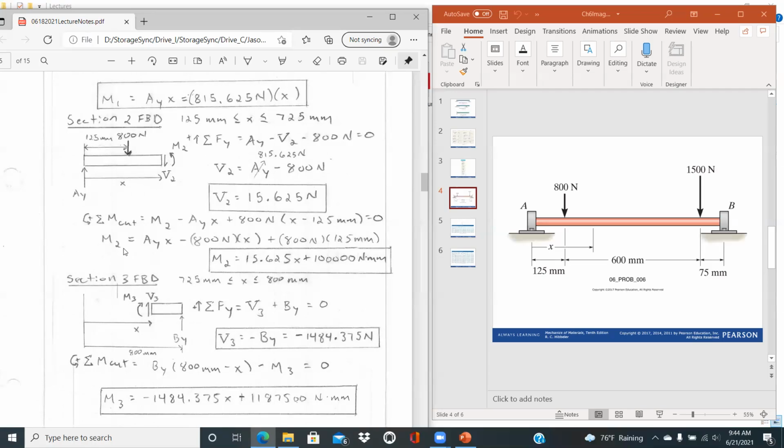And so you can solve for your internal moment 2. Rearranging, you'd have A1X minus 800 times X plus 800 times 125. And so collecting all those together, you'd have 15.625X plus 100,000 Newton millimeters for that moment.